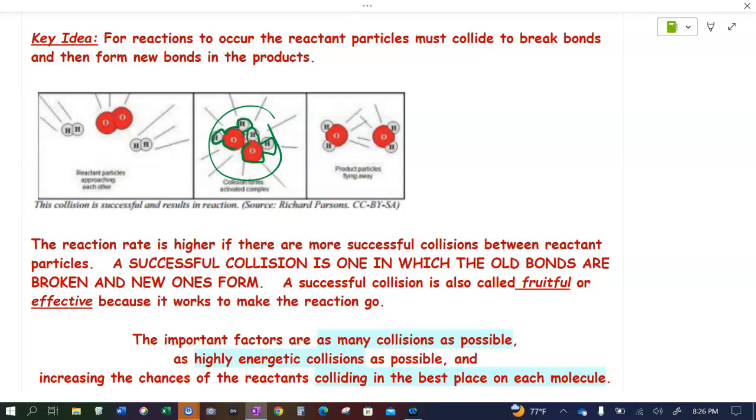We just had to supply the energy, but no, they have to collide, and the orientation in which they collide successfully is one in which we can actually see the potential water molecule right there.